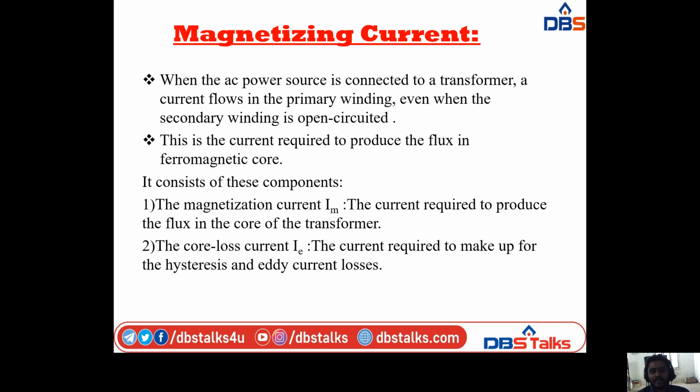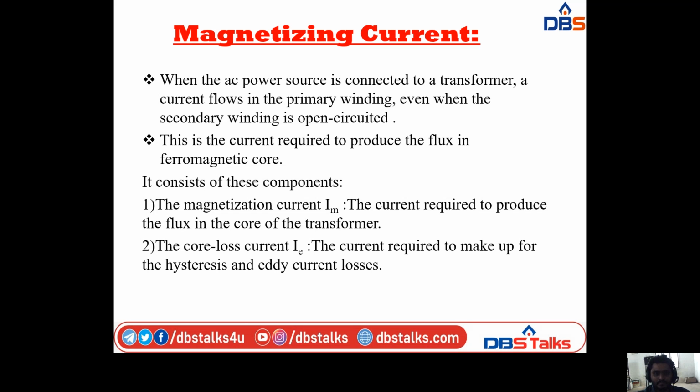Firstly we have the magnetization current IM, the current required to produce the flux in the core of the transformer. And we have the core loss current IE, the current required to make up for the hysteresis and eddy current losses.